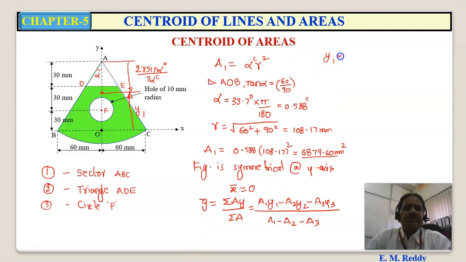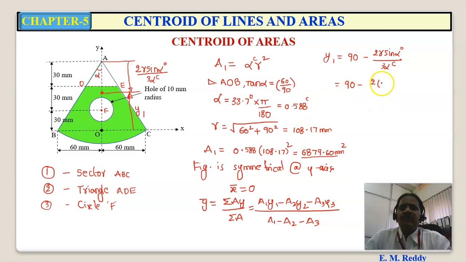So you can say y1 is equal to, so this total it is given 90 AO. So it is 90 minus 2r sine alpha upon 3 alpha. So that is equal to 90 minus 2 into, what is the r radius of the sector?